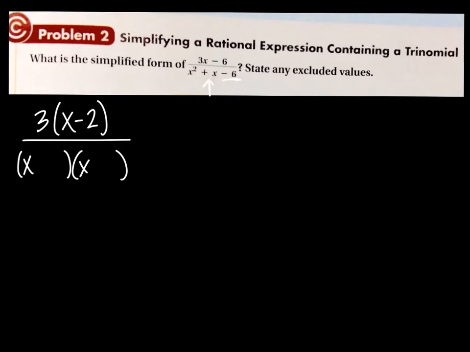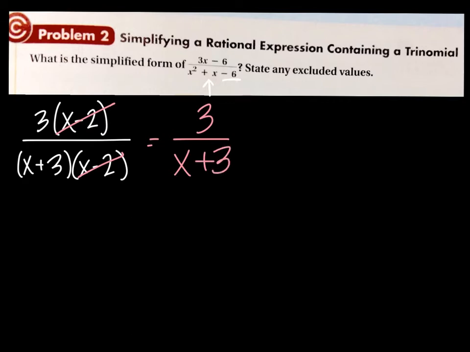What two numbers could you multiply together to get -6, but add to get 1? How about 3 and -2? And you always kind of want to look inside your own problem to give yourself a hint. So now that you have the x minus 2 and the x minus 2, they can cancel, and you get 3 over x plus 3.